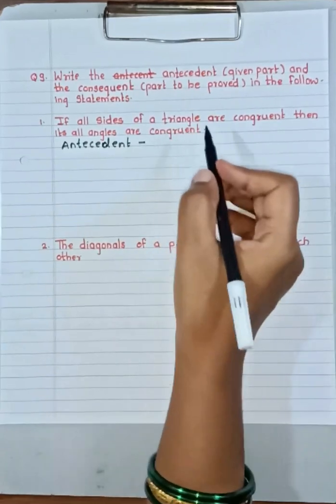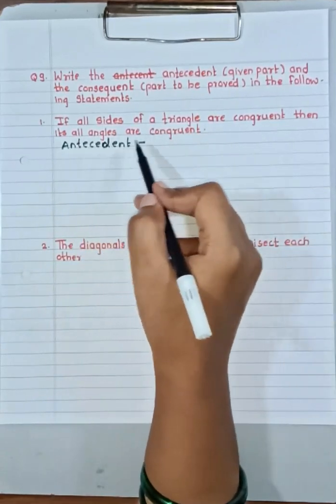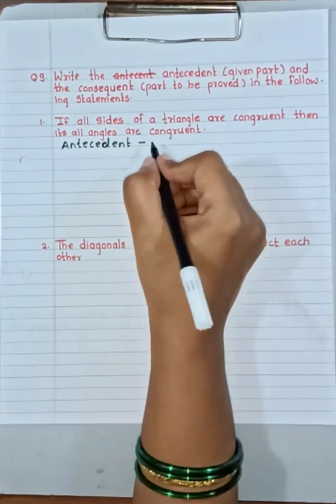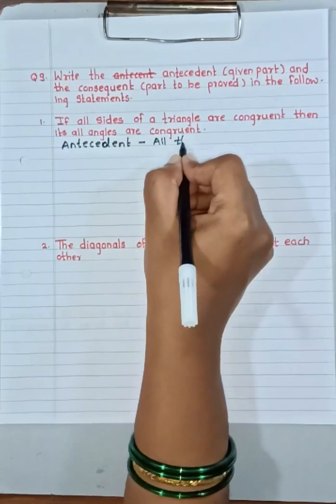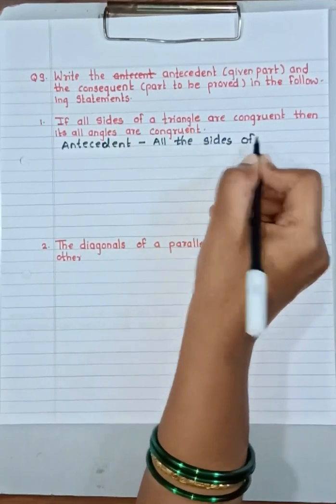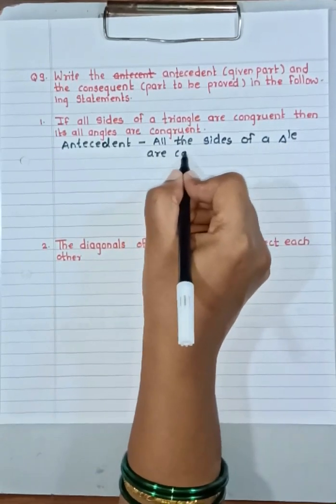Okay, so what is given, if all the sides of a triangle are congruent, then its all angles are congruent. So what is given, all the sides of a triangle are congruent.